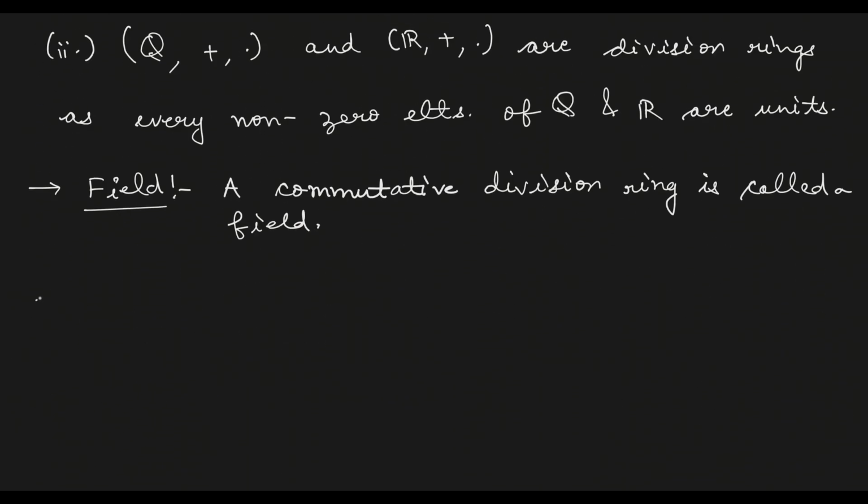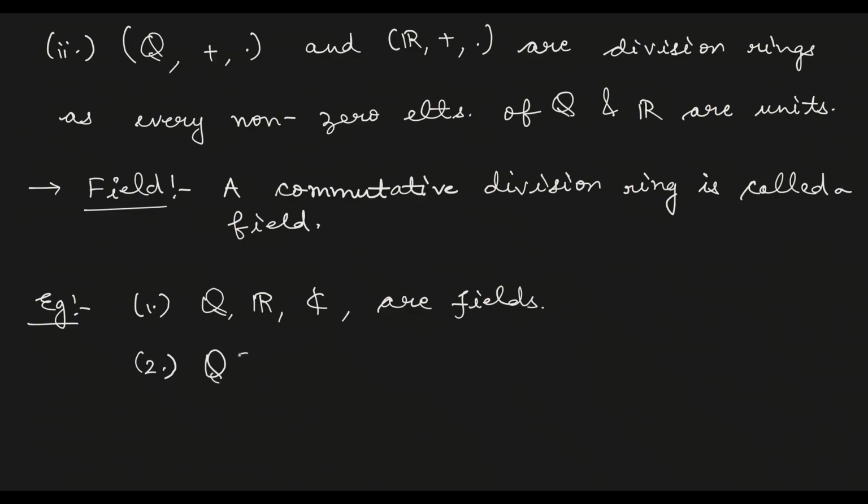Now some examples. Rationals, reals, complex numbers, these are fields. Second, Q root D. This is A plus B root D such that A and B are from rational numbers.